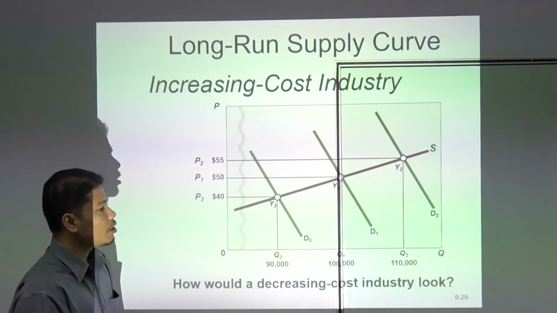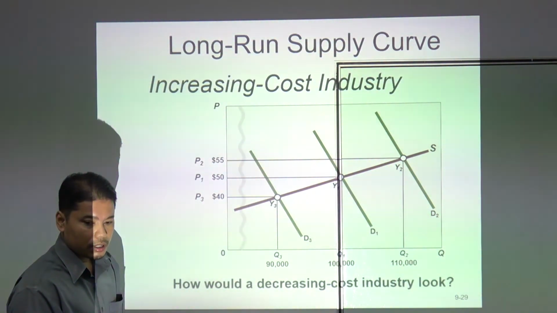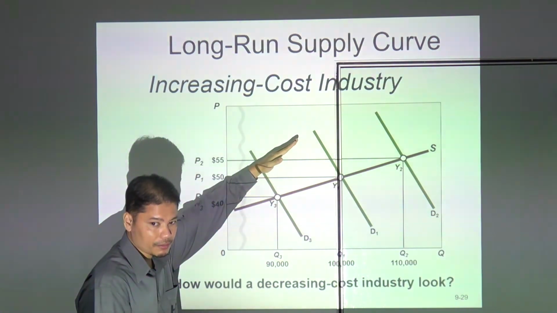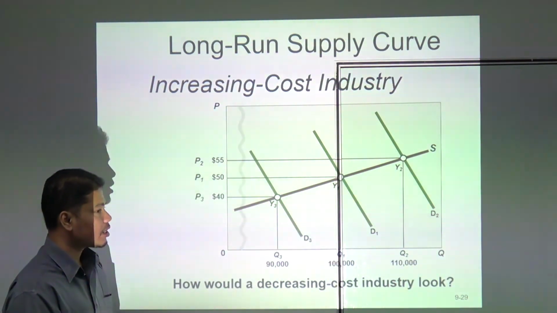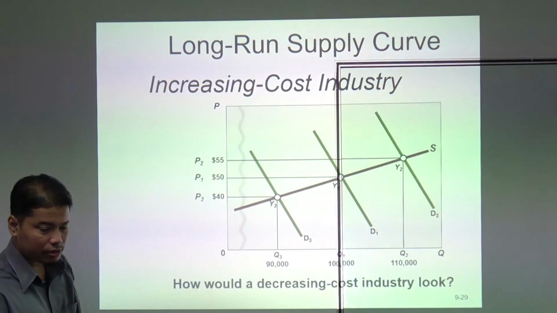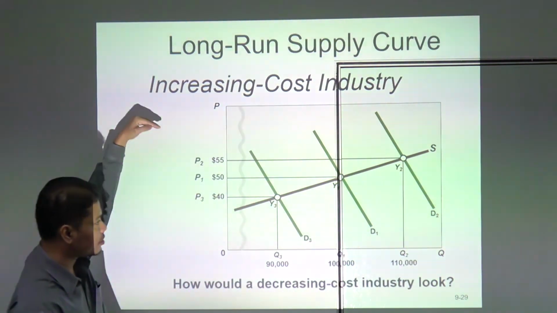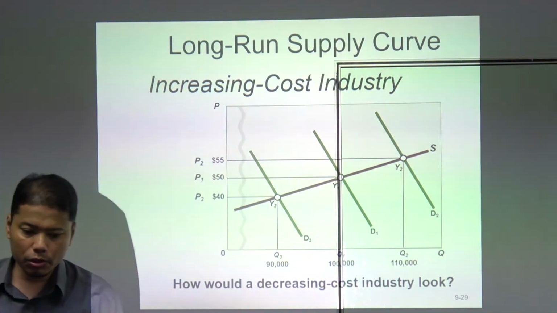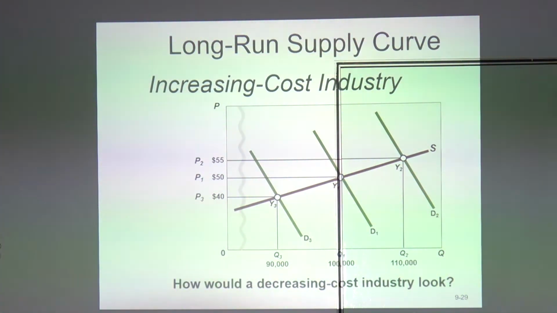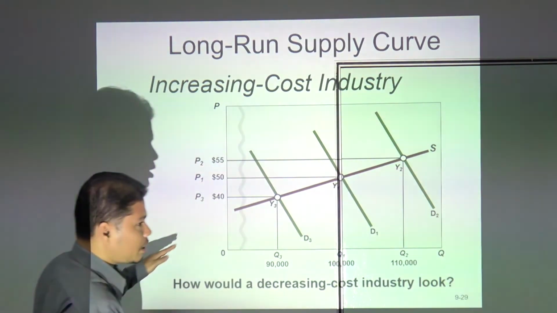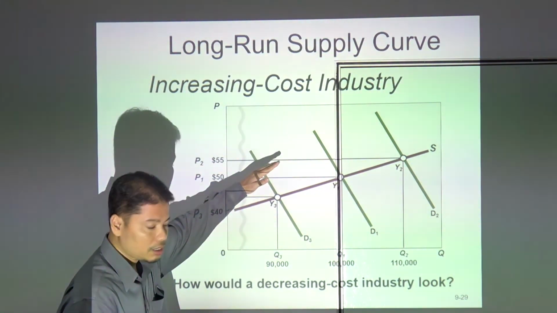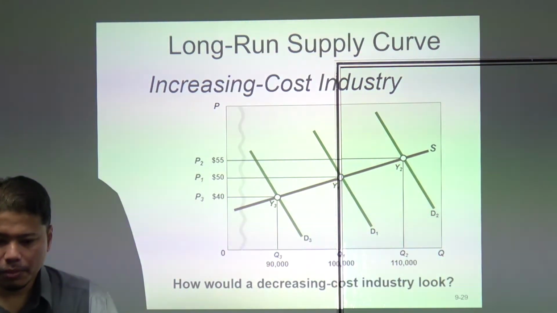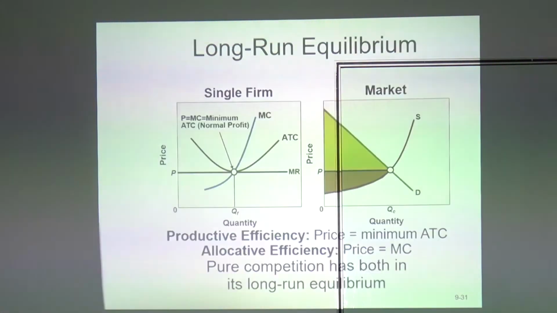The long run supply curve for an increasing cost industry will be upward sloping. And the long run supply curve for a decreasing cost industry would be the opposite, downward sloping. But in reality, the most common shape of the long run supply curve will be upward sloping. In other words, quantity supplied will increase at higher price levels.